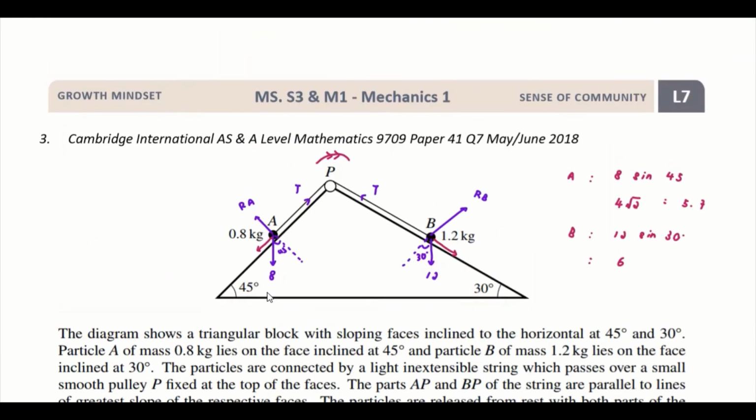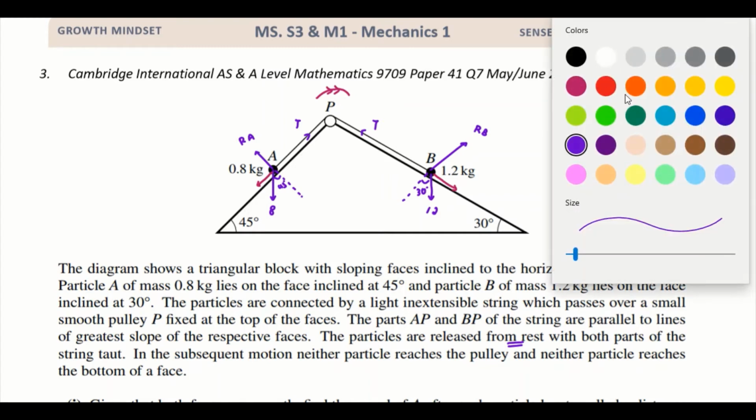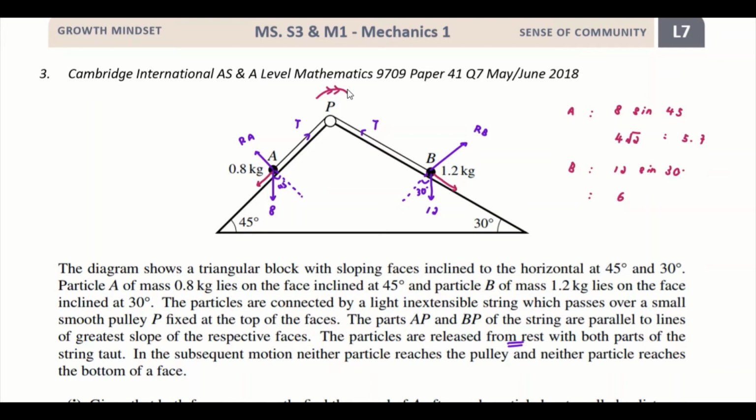So now, go back to the question again. You see that after we calculate just now, the force towards this direction is actually more than that. So where is the direction of your friction? Remember that your motion is towards that direction, so all your friction should be opposing this motion.